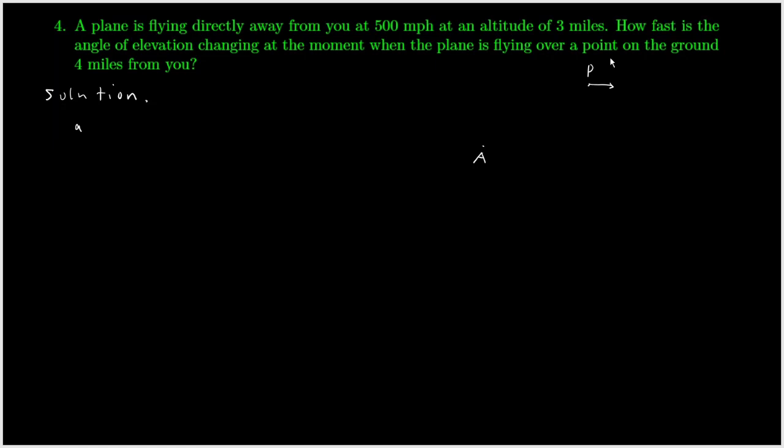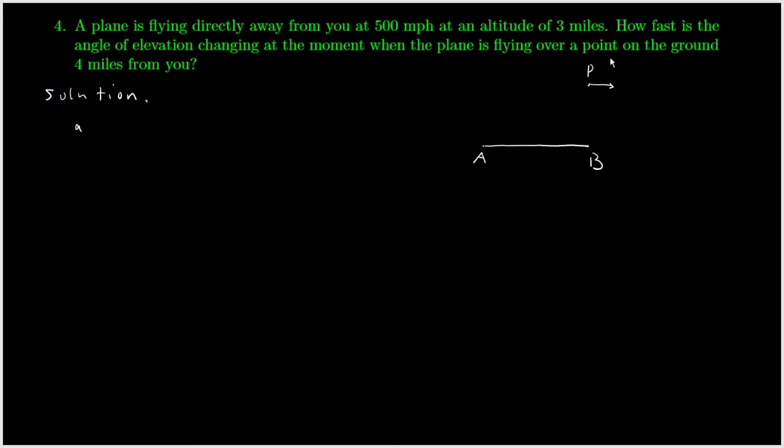Now let's say B is the point directly below the plane on the ground. Now let's say point B is here. So that's point B. So we have a triangle.